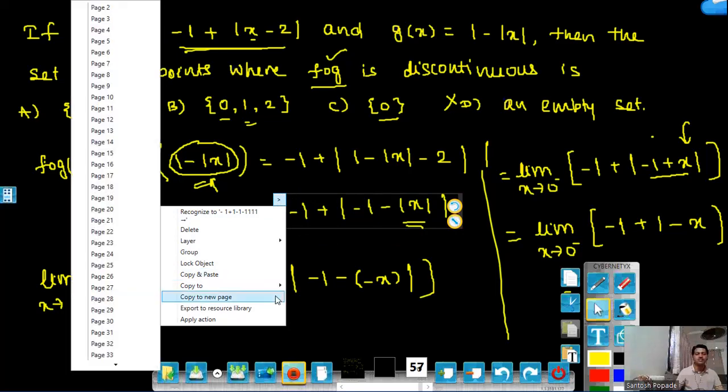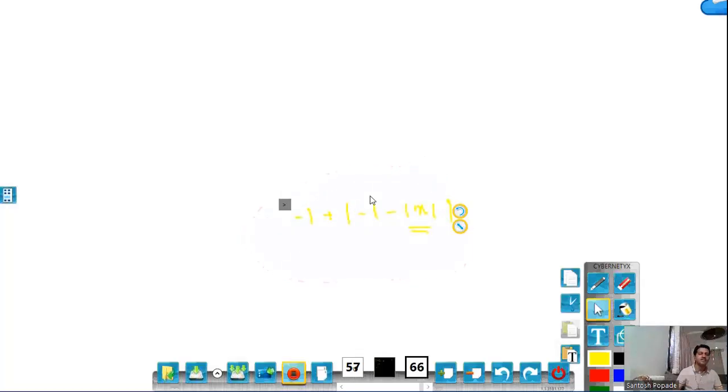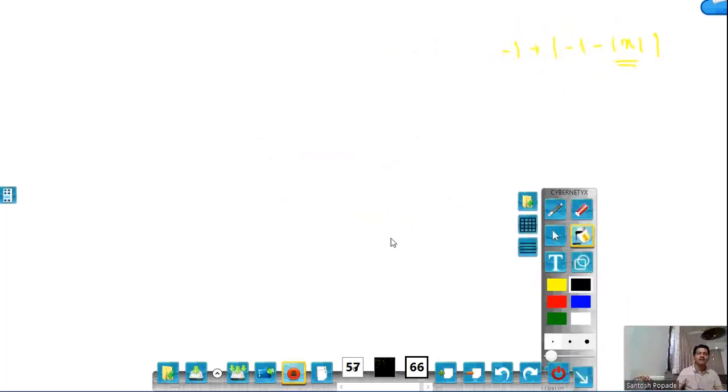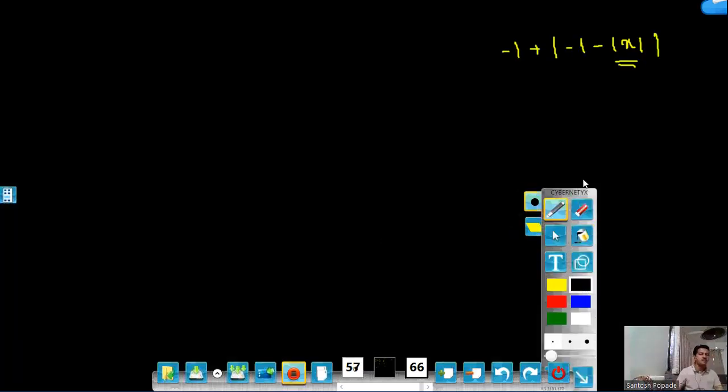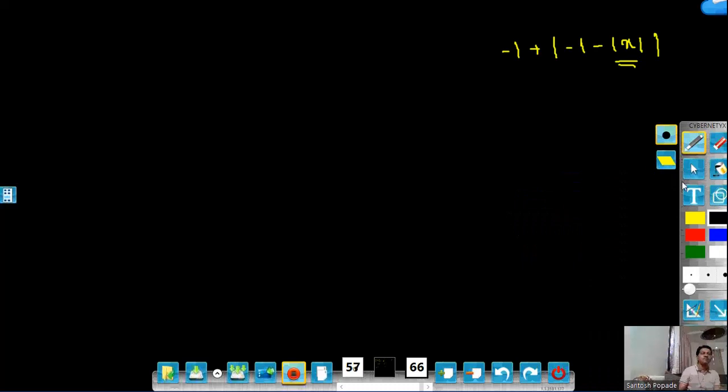Now in options A, B and C there is 0, so one of them may be the answer. Surely D is not the answer, because 0 is definitely a point of discontinuity. Now let us check the discontinuity at 1, because option A contains 2 and option B also contains 2.